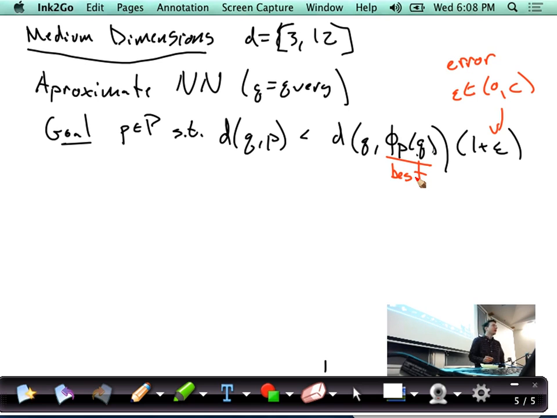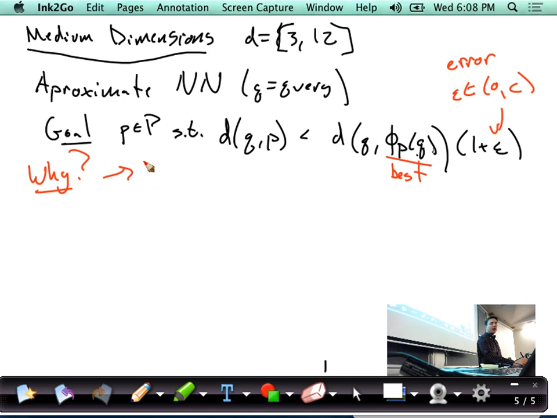Right? So why would this be okay? Well, I talked about why we're looking at this nearest neighbor problem at all, these applications. Does this approximate nearest neighbor make sense? Oh yeah, that's it.